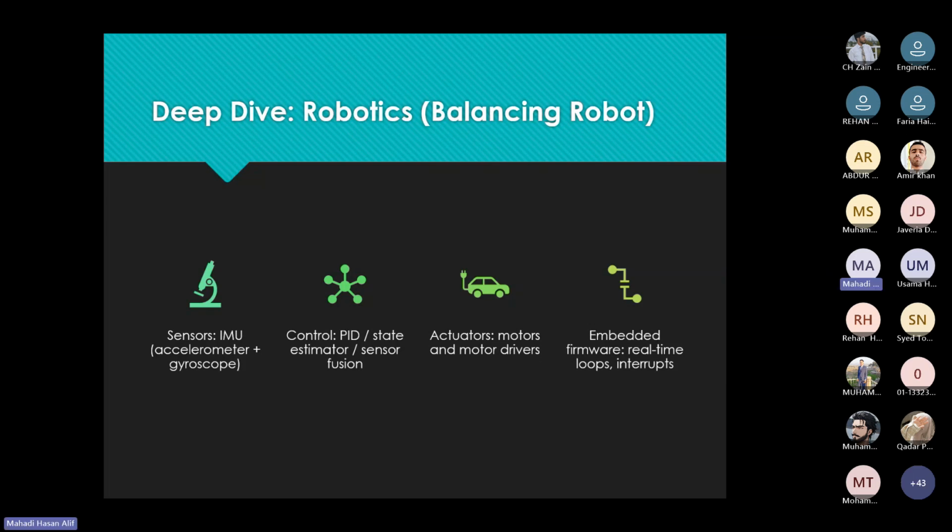And this project is about a balancing robot. In a balancing robot, there are many different layers on which we work. At the outermost layer, we have the sensors, where we are using an IMU to get data from outside. IMU stands for inertial measurement unit, and it gives you two kinds of data.